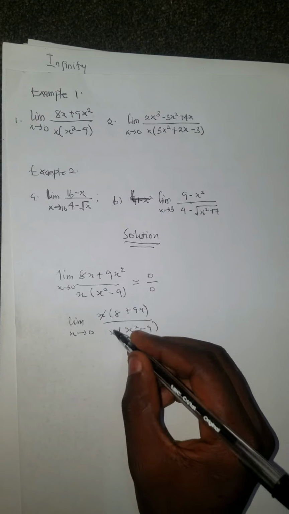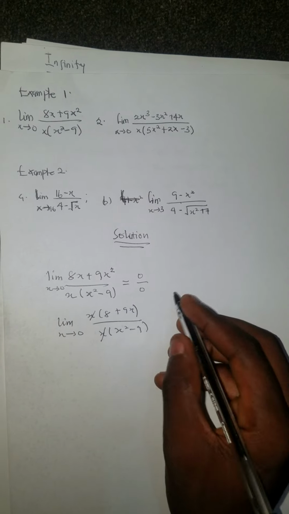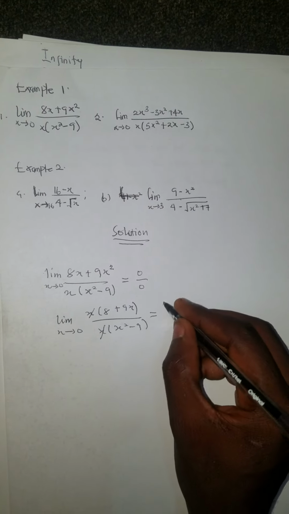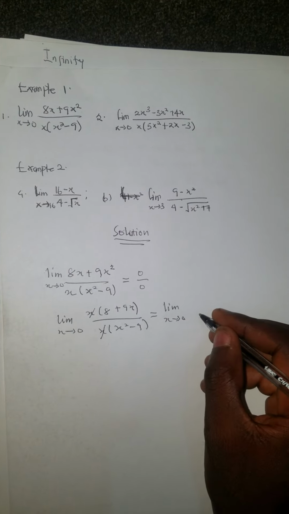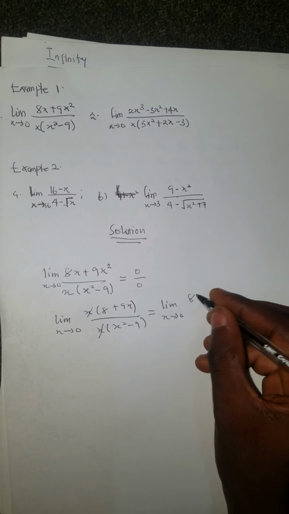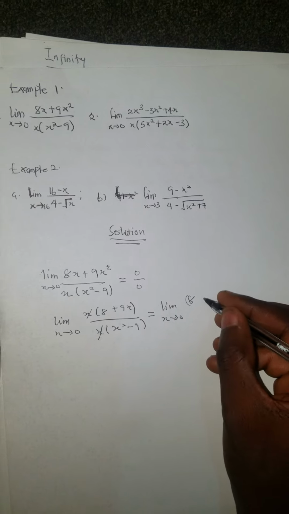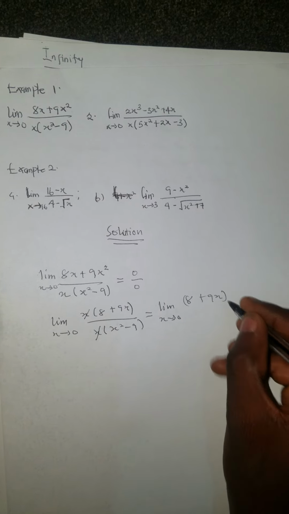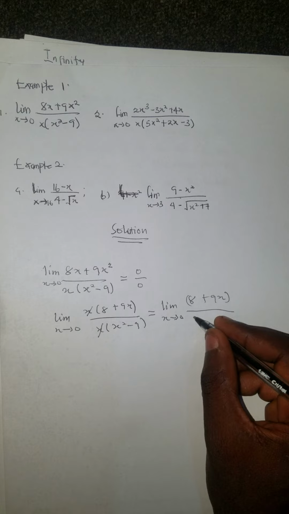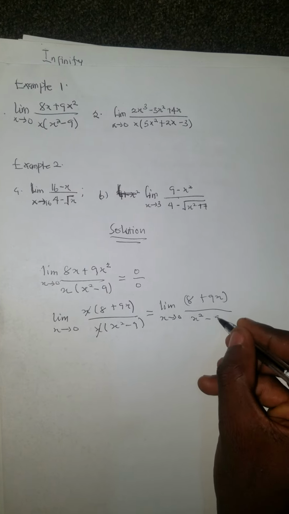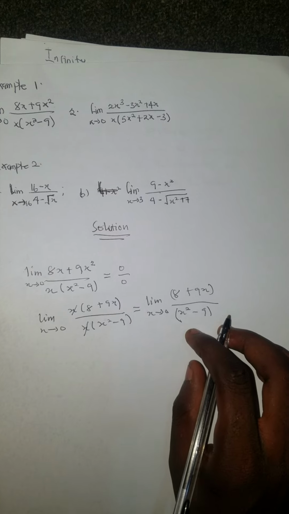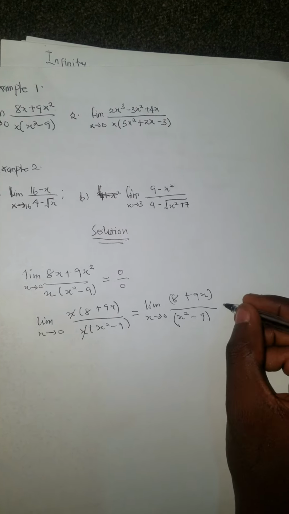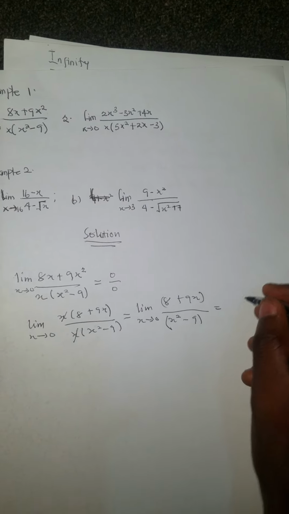Now our x can cancel the x, and then we'll have the limit where x approaches 0 of 8 plus 9x all over x squared minus 9. Here we can now substitute, because we are not going to get 0 over 0.